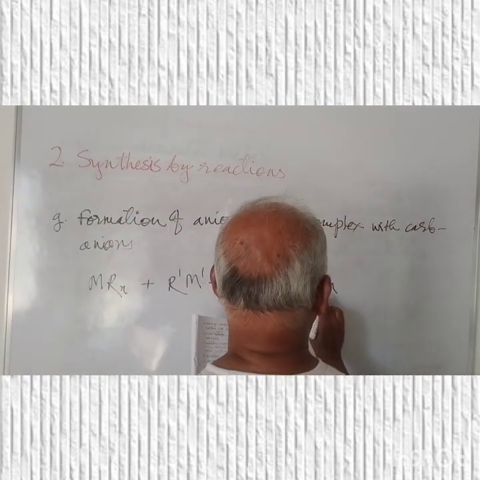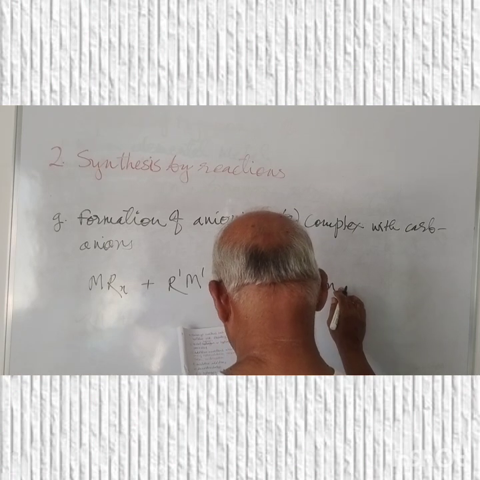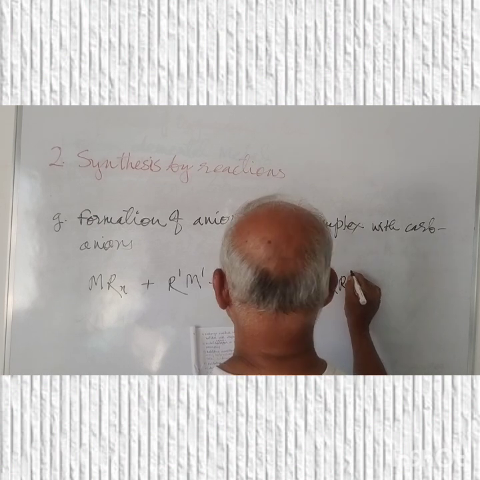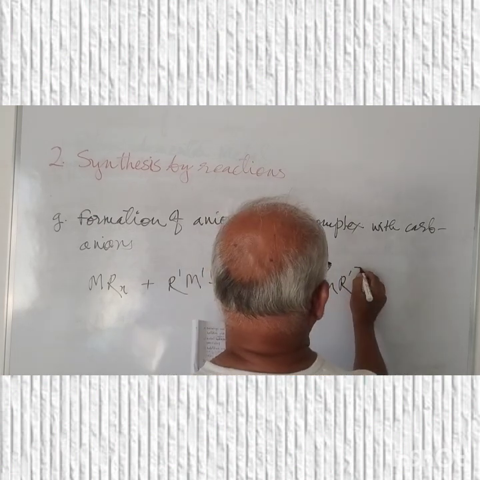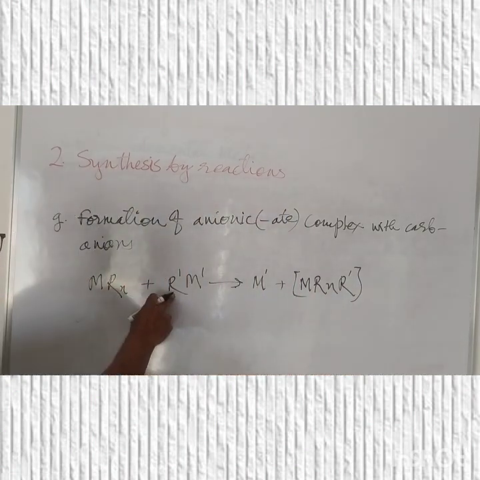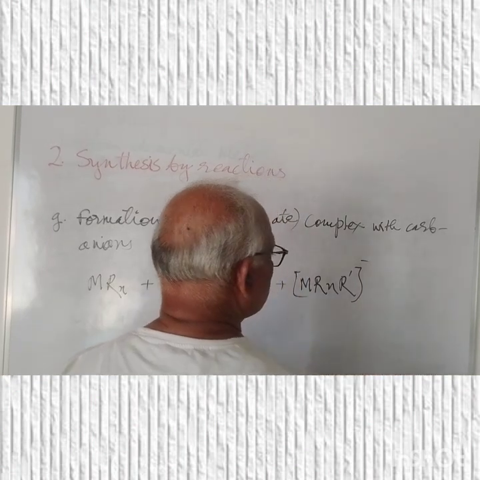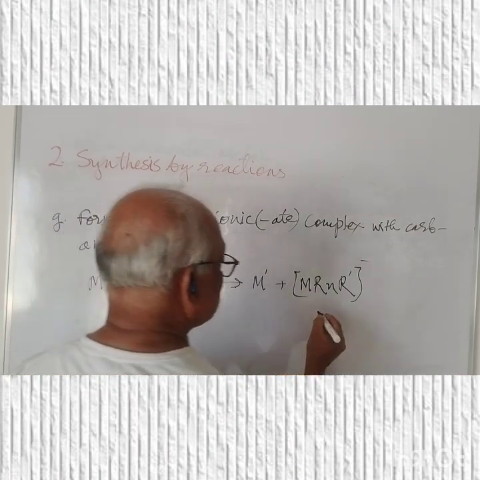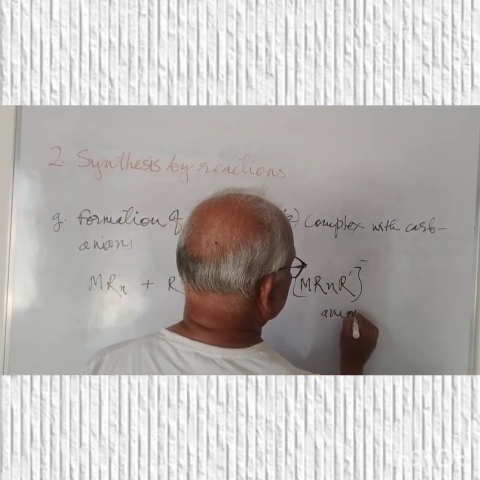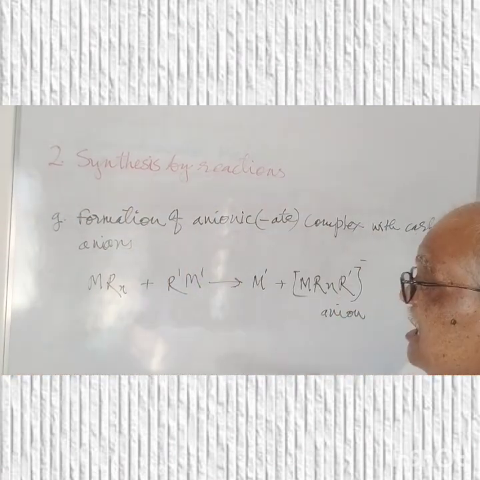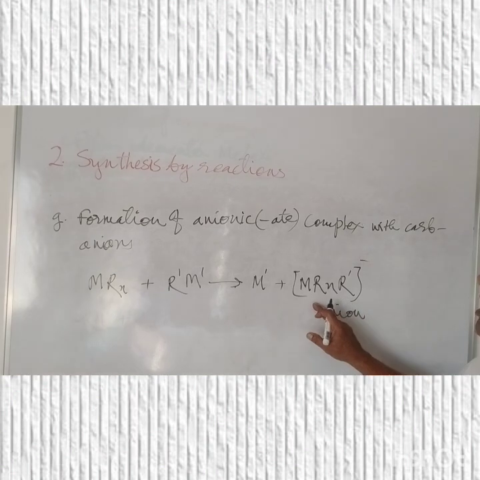So we get this mRN plus this R, meaning an additional R. We can show this as R prime, and because of this, this is anionic R. So the oxidation state is negative. The charge on the complex is negative. So we obtain here an anion. In this way, an anion is formed, and with this we get a new organometallic compound.